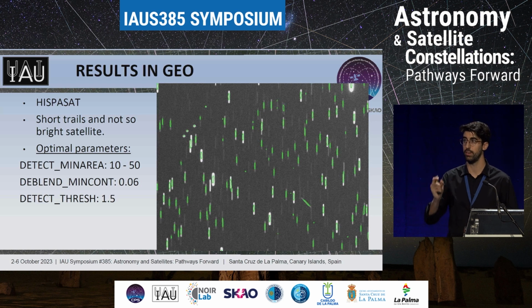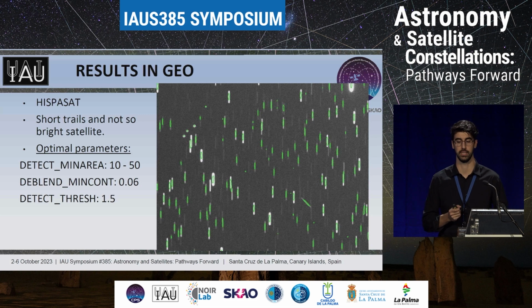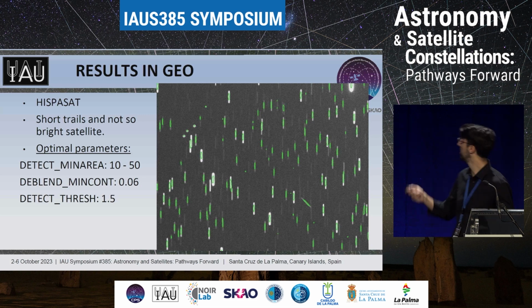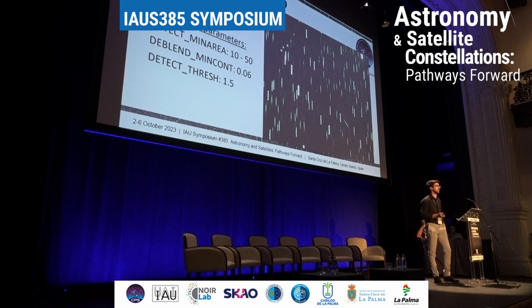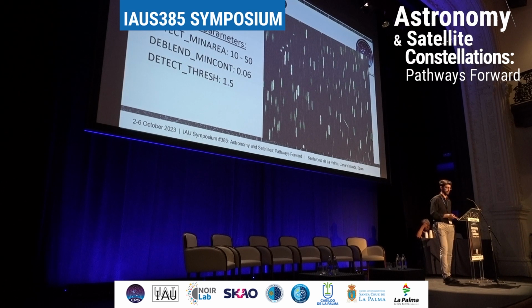This generated very small trails, but the satellite was very bright and the stars were very bright as well, so the adaptation was pretty easy in this case. We can even see in this part right here some object that we don't know very well what it is. Maybe it was a satellite, maybe even a piece of space debris.